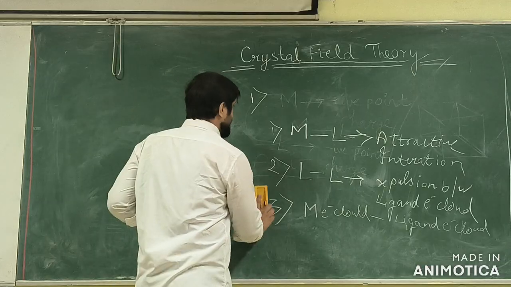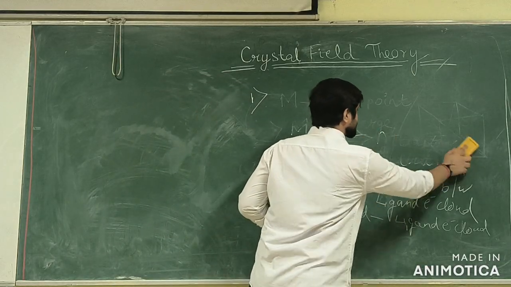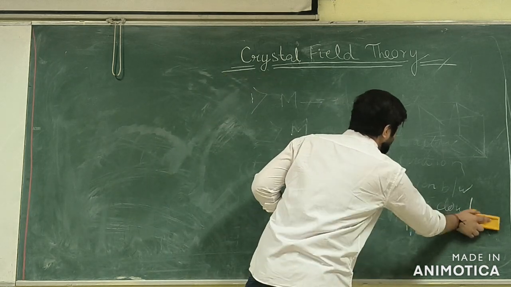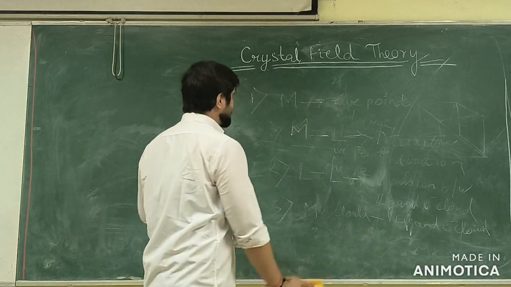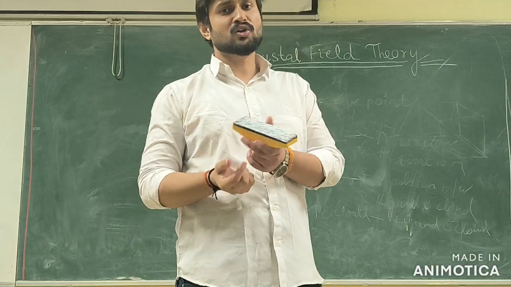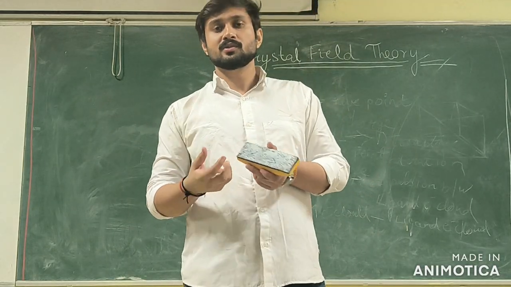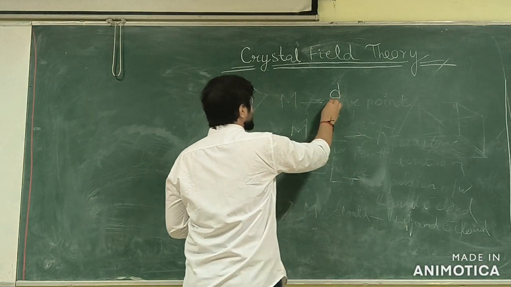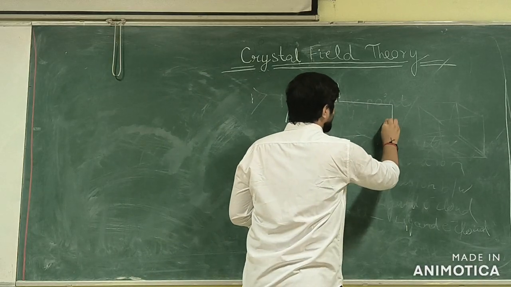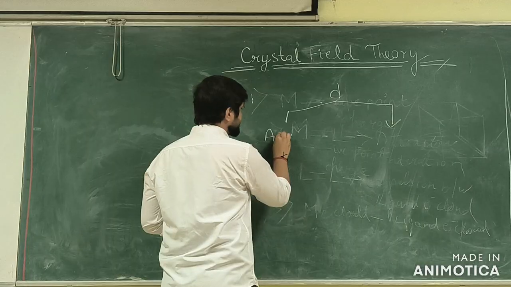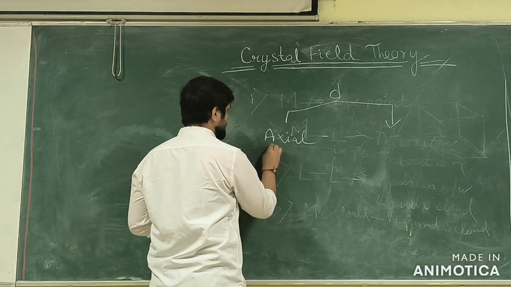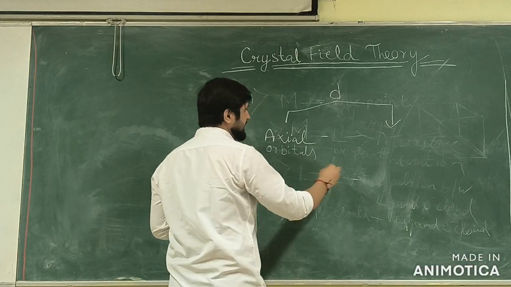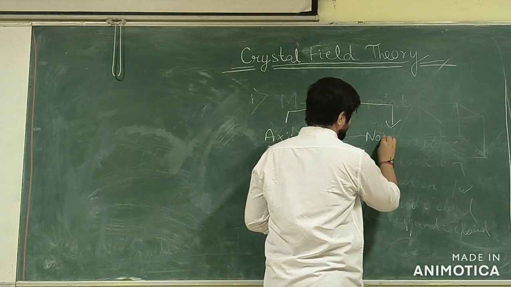Now, moving ahead. One thing that you also need to know to proceed in this theory is that the d orbitals can be subdivided into two types: axial orbitals and non-axial orbitals.